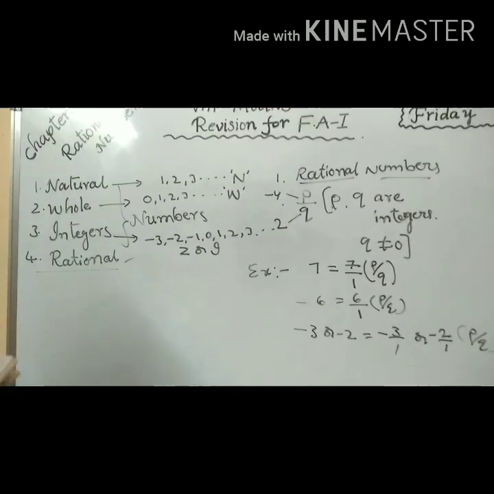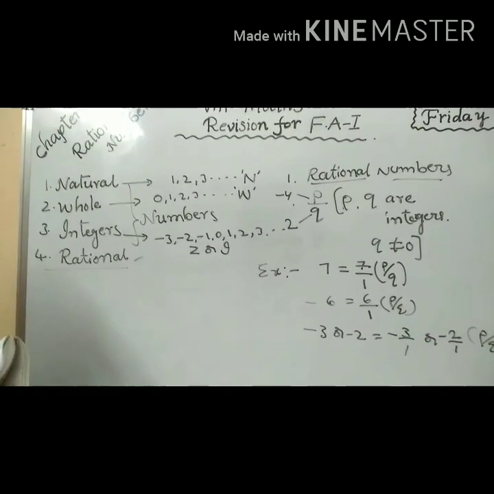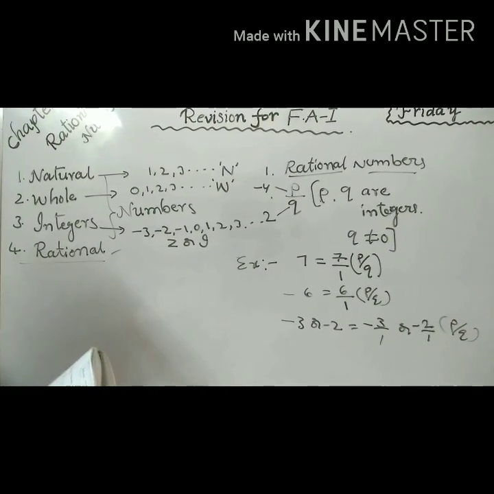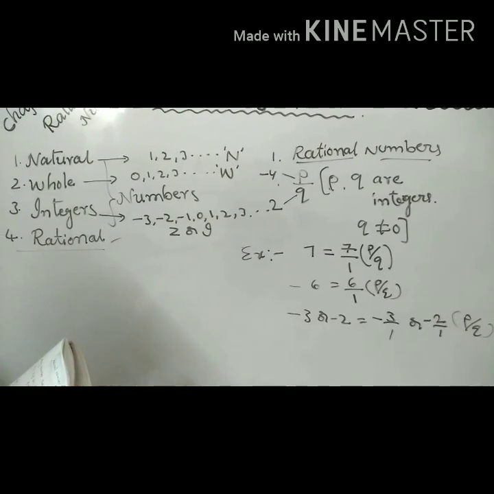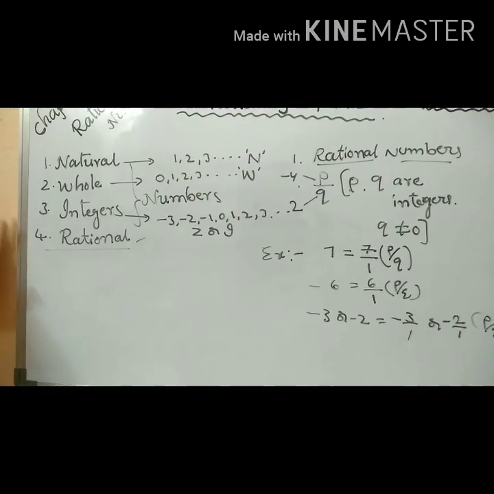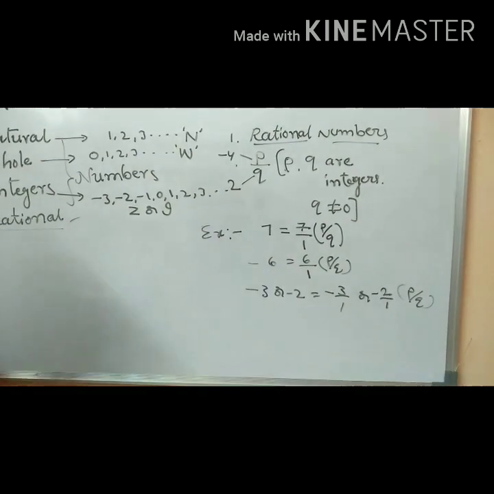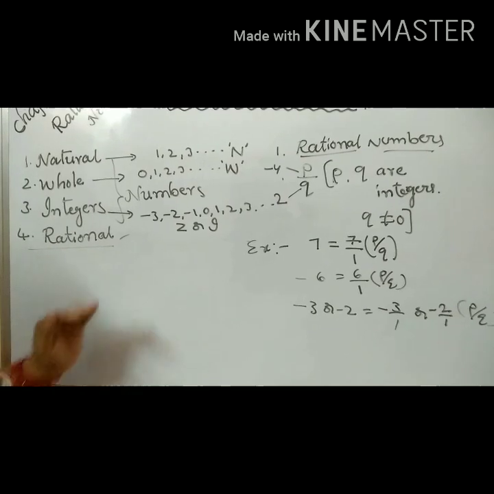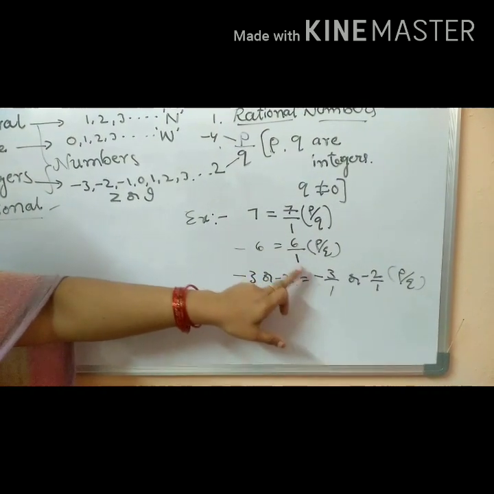Once again, let me explain rational numbers. Any number that can be expressed in the form of P by Q, where P and Q are integers and Q is not equal to 0, is called a rational number. All natural numbers, whole numbers and integers can be written in the form of P by Q by taking the denominator as 1.